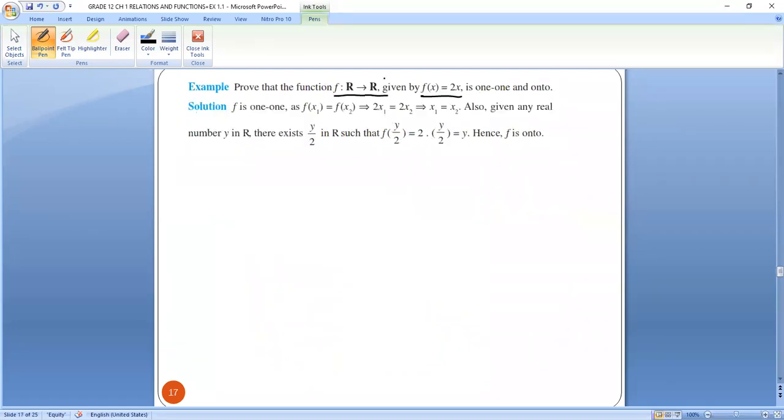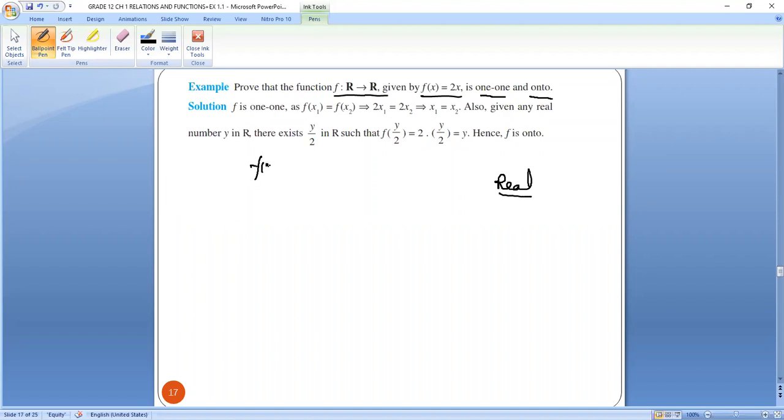But right now, the domain and codomain is the set R of real numbers. So this is a real function, right? Domain is the set of real numbers. Codomain is the set of real numbers. And we have to prove that the function f of x equals 2x is now 1-1 as well as onto. But we have to check how, right?